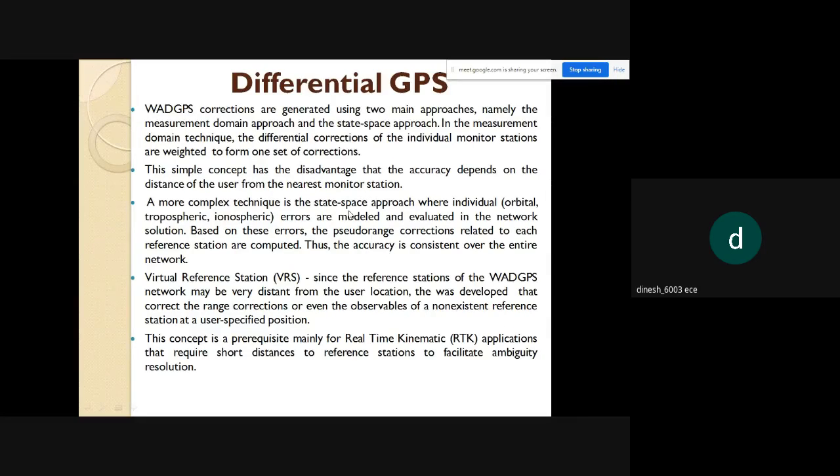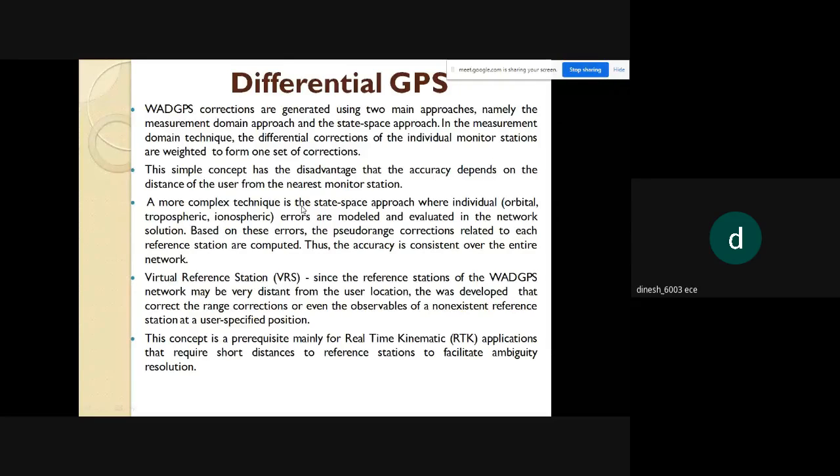Whereas in the state space approach, where orbital, tropospheric or ionospheric errors can be modeled, the errors are very large, so for this the state space approach is advisable.